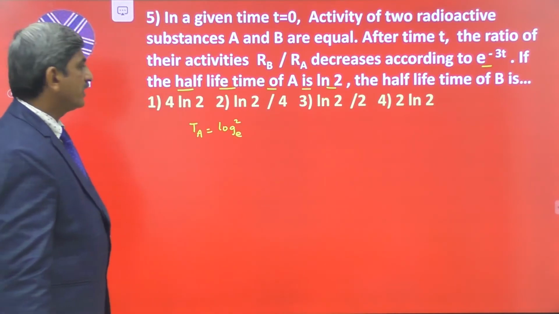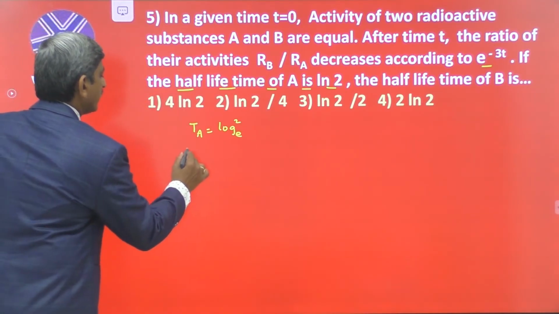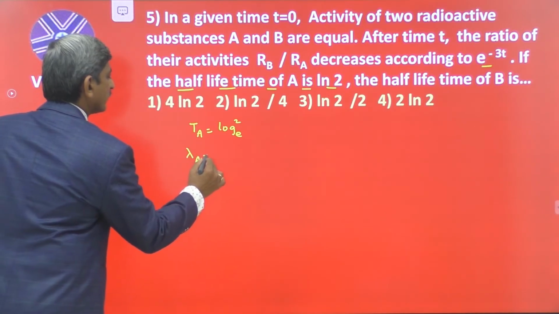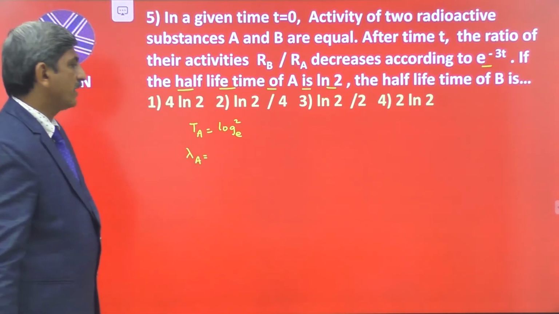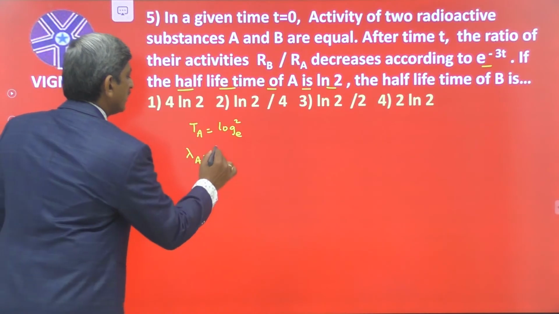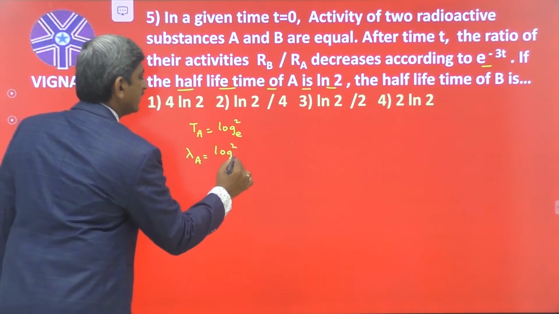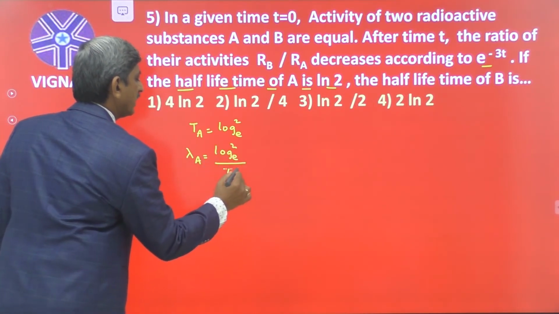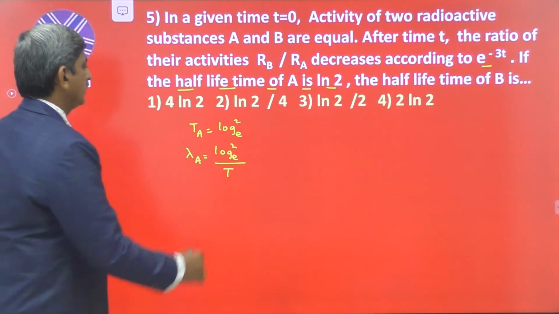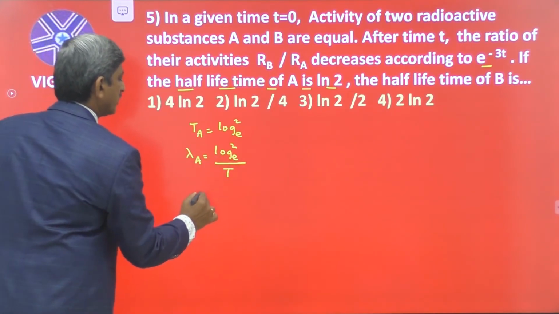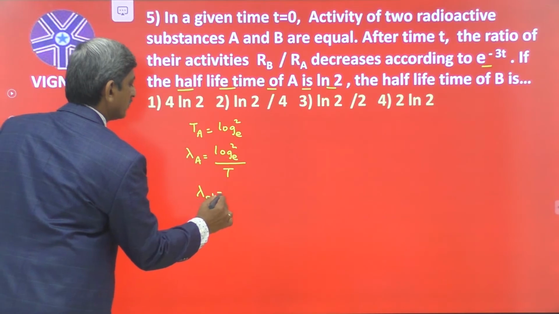By knowing the half-life time, we can determine the decay constant of sample A by using the formula log 2 to the base e divided by T. By substituting this T value in this equation, it becomes lambda A is equal to 1.